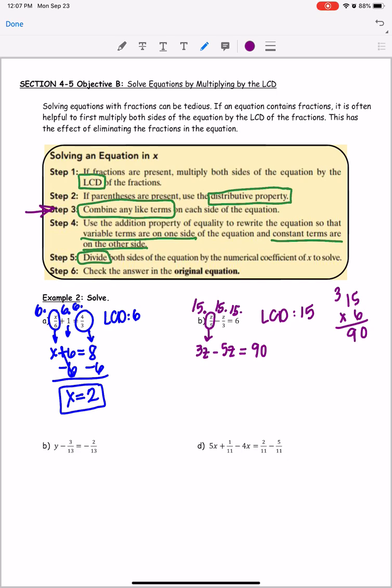On this one, we need to use step 3. We need to combine like terms. These are both like terms because they both have a z. These were not like terms because they didn't both have an x. So 3 minus 5 gives me a negative 2. Bring down your z equals 90. So now I need to divide both sides by negative 2. And write this a little bit smaller.